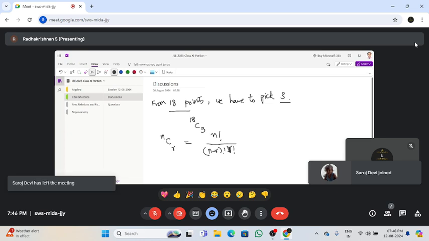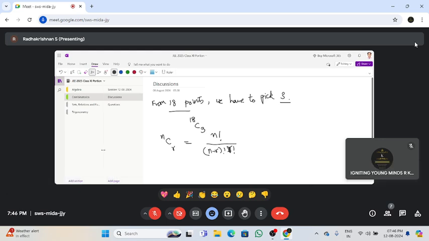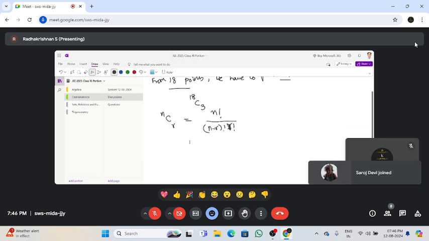So just substitute now 18C3. Please substitute and calculate what is 18C3. That is the total number of ways in which 3 points can be selected out of the 18.